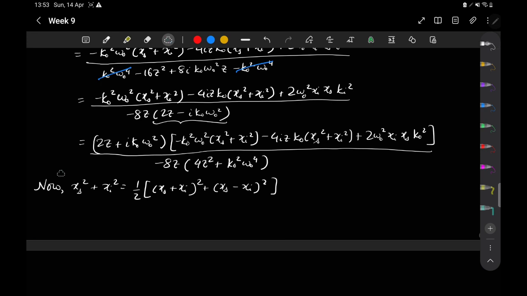Okay, let me just write it in the next page because it will get too much cluttered here.